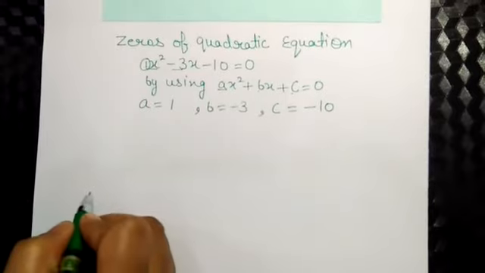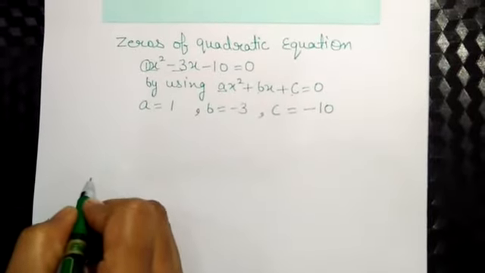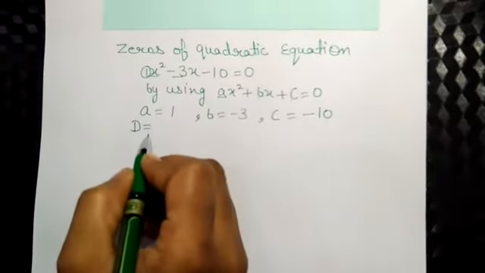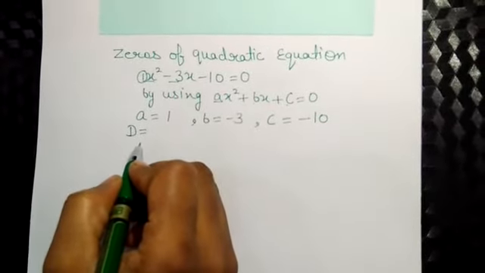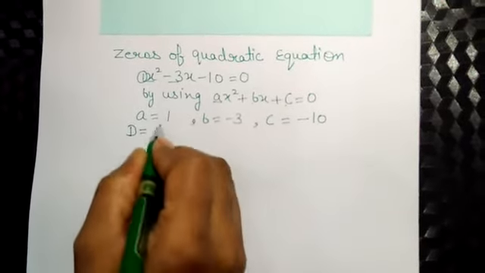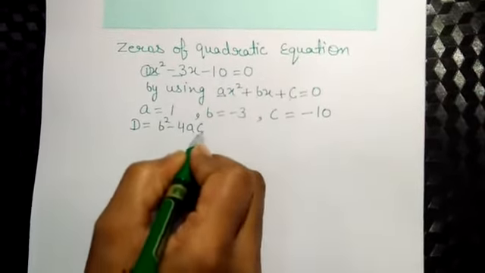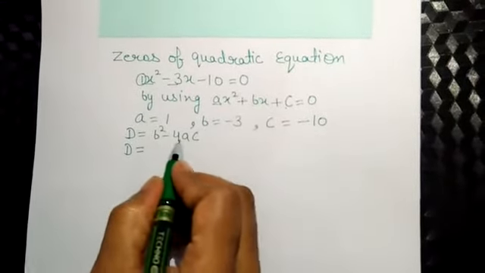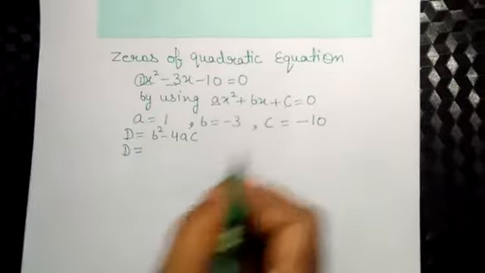So to find zeros by this method, first of all we need to find d, because we are going to fill the value of d in this formula, and here d is b square minus 4ac. Now we just fill the values according to the formula.